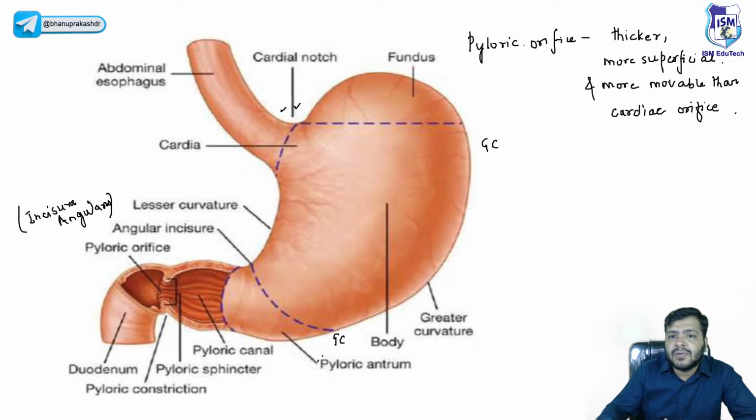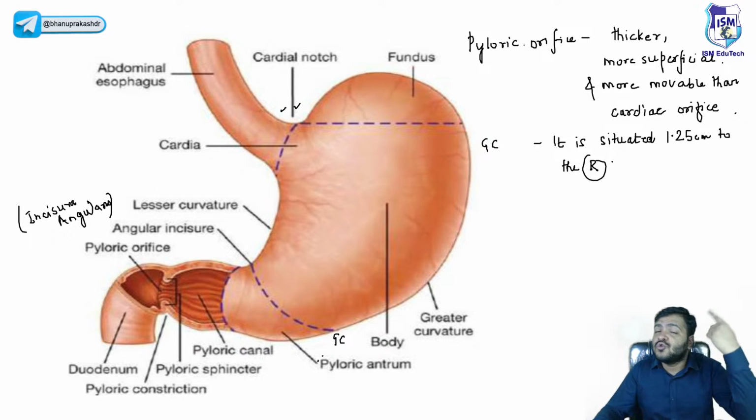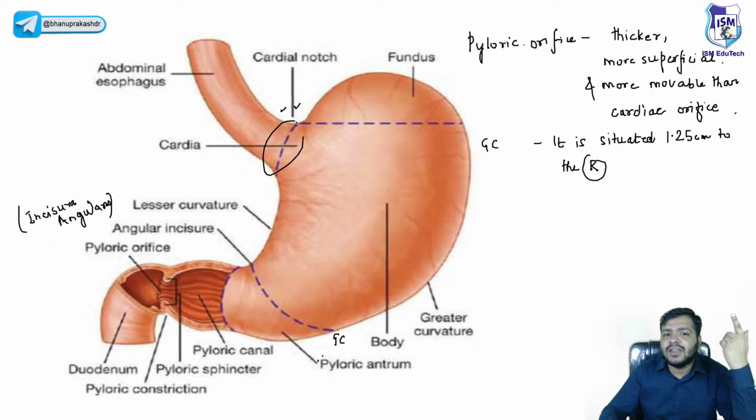Now, beta, remember: the cardiac opening was 2.5 centimeter to the left of the median plane, and the pyloric orifice is 1.25 centimeter to the right of the median plane.